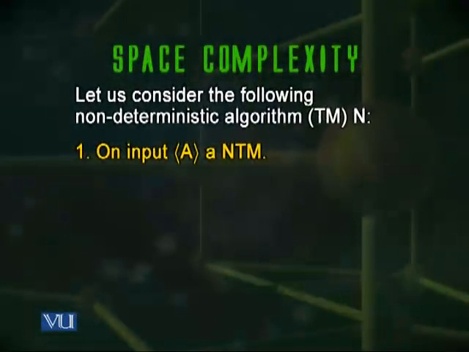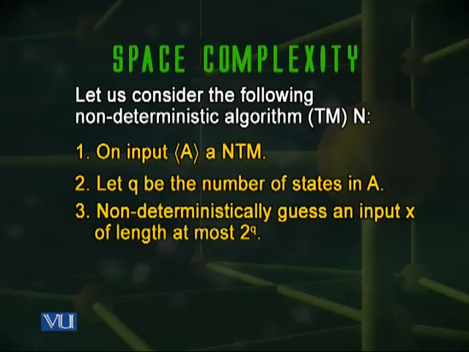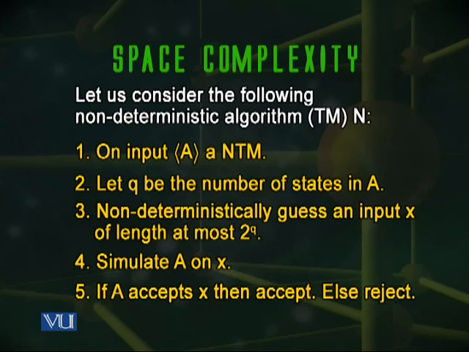Recall that we're trying to accept all those NFAs that accept some string. On input A, we count Q, the number of states in A, and now we non-deterministically guess an input X of length at most 2 to the Q, and we simulate A on X. If A accepts X, then we accept, otherwise we reject.